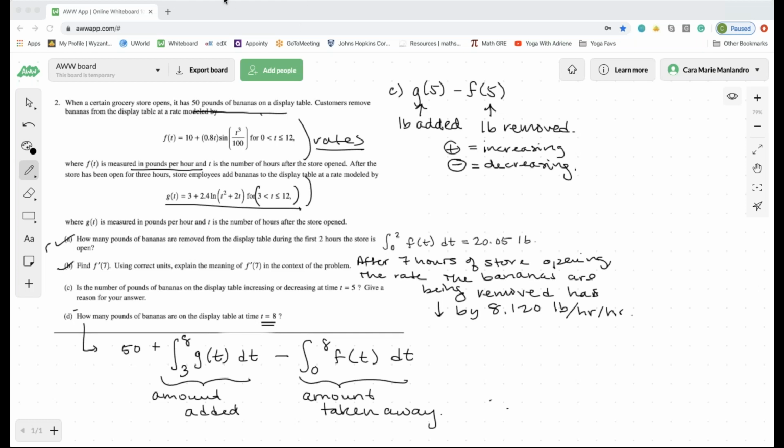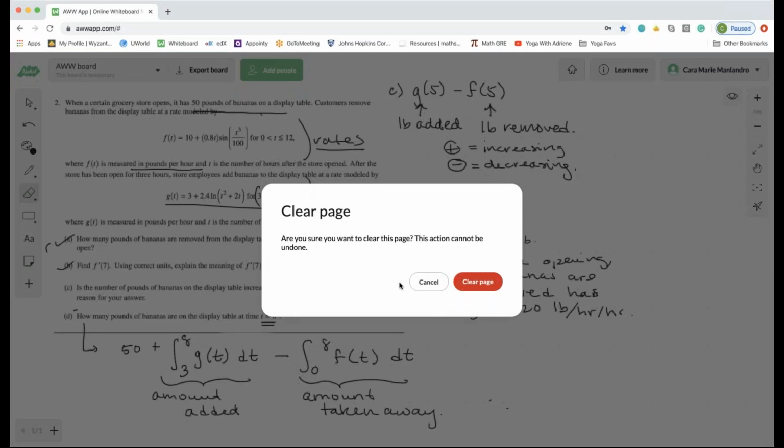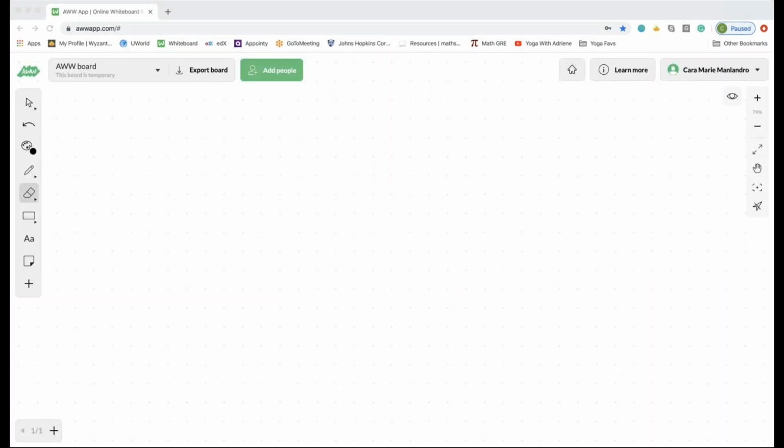So the next set of questions were deemed to be non-calculator questions, so we should be able to do them without a calculator. I'm going to aim to do them without a calculator. However, I do believe that you will have access to a calculator for your entire 2-question exam.